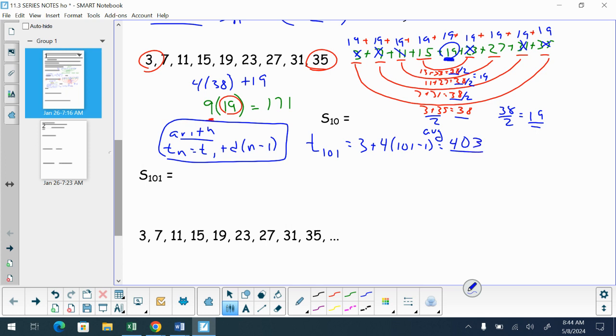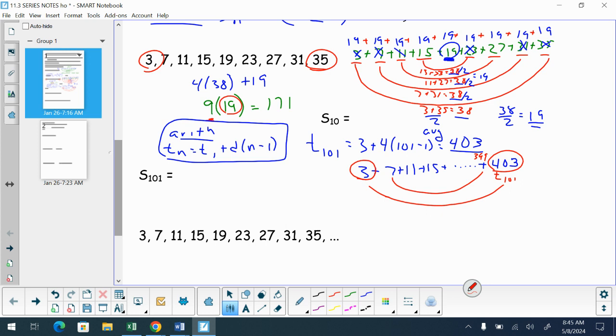So this series goes 3 plus 7 plus 11 plus 15 plus, and this will continue all the way out to 403. This is term 101. So what we now know is our first term and our last term. When I average them together, that's going to be the average of my second and second to the last term, which would be 7 and 399.